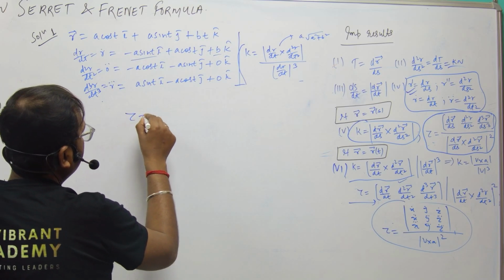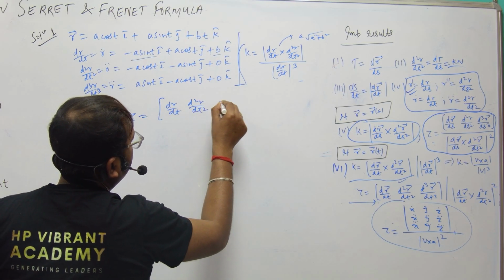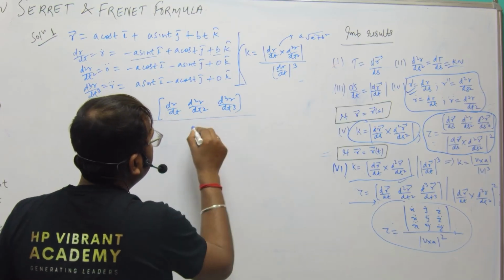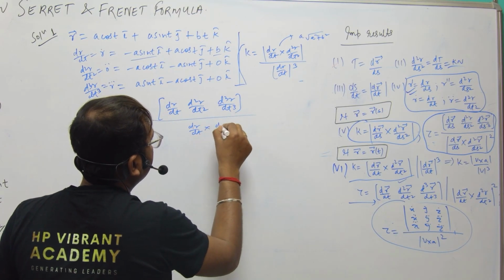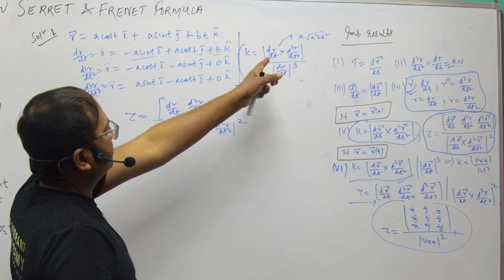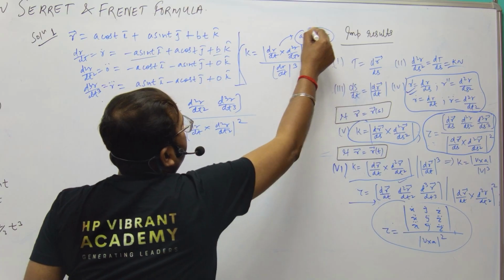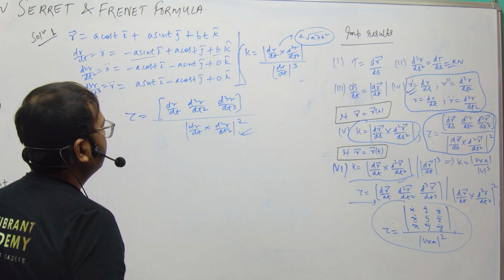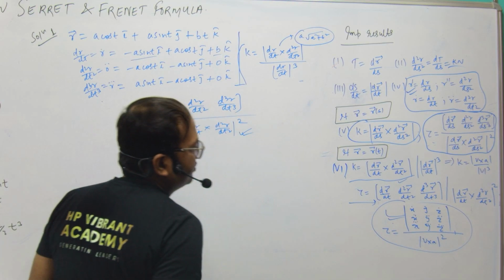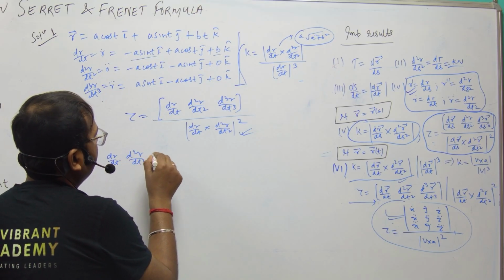The torsion is the scalar triple product of dr upon dt, d2r upon dt square and d3r upon dt cube, upon the modulus of dr upon dt cross d2r upon dt square, whole square. So let us find the scalar triple product.